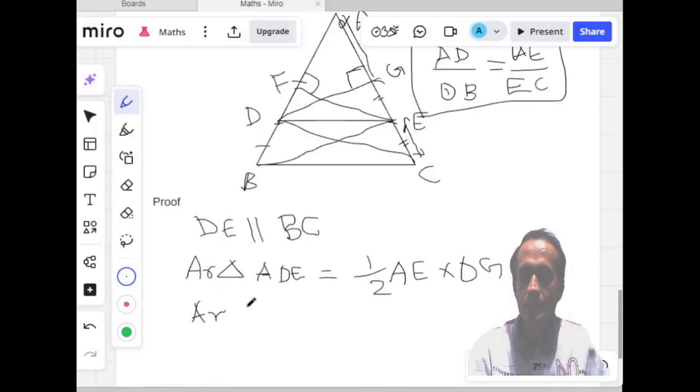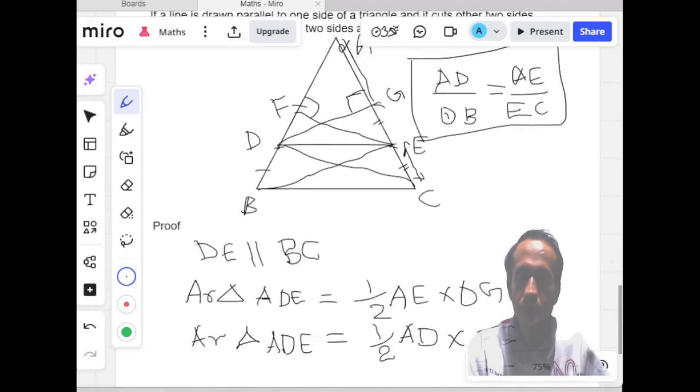So again, the area of triangle ADE, considering the base AD, is half base into altitude FE. Now we will find the area of this shaded triangle. Can you see this, DBE?